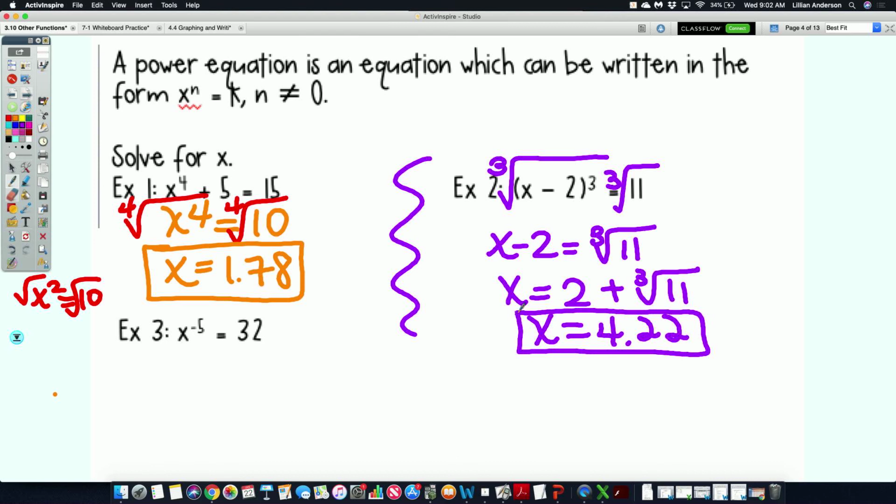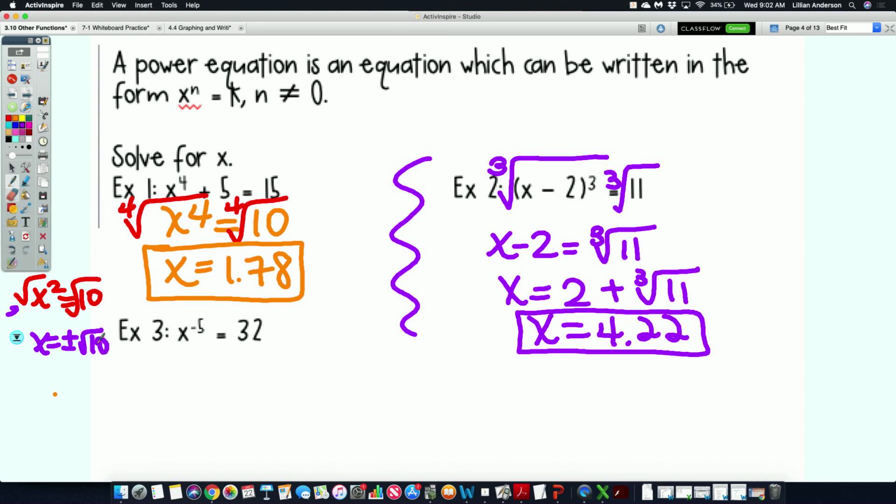Now, one thing that I forgot to mention on example 1 that I need to mention, and I'll use this example I gave as a reference. If it was x squared equals 10, you would take the square root of both sides to solve for x. Whenever you take the square root of both sides in an equation, you cannot forget what? Plus or minus. So this would actually equal plus or minus the square root of 10.